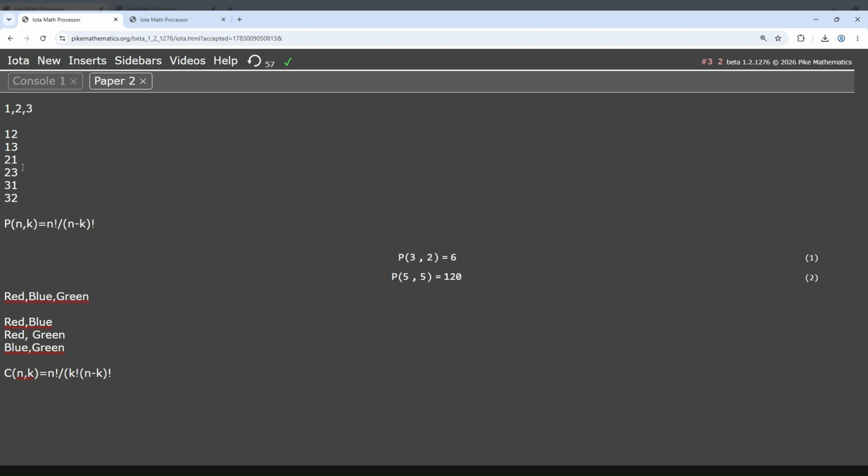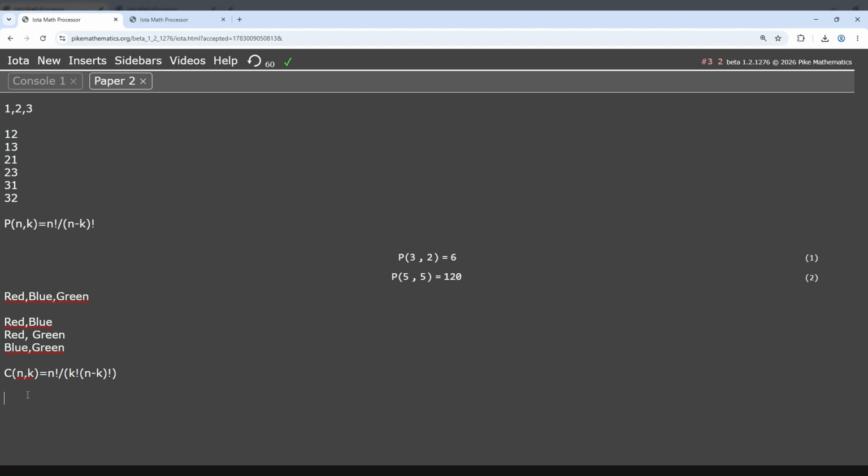And I close it out. All right. So that's the formula for combinations. And you see it's very similar to the permutations. The only difference is this k factorial. Essentially, what that k factorial does is it removes the duplications. If you have red and blue, it removes the blue and red.